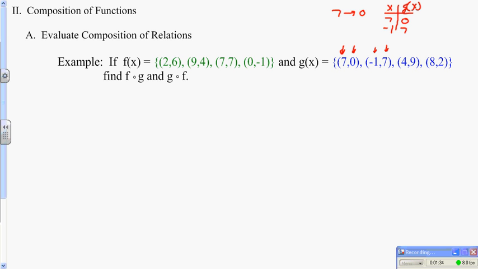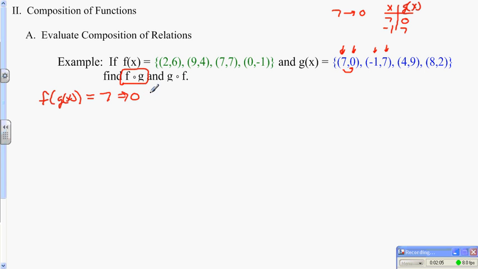So when we look at the type of question where it says f composite g, we're saying f of g of x. In other words, we're going to look at the g function first, because it goes right to left, and we're going to start with a 7. The g function took a 7 and made it into a 0.